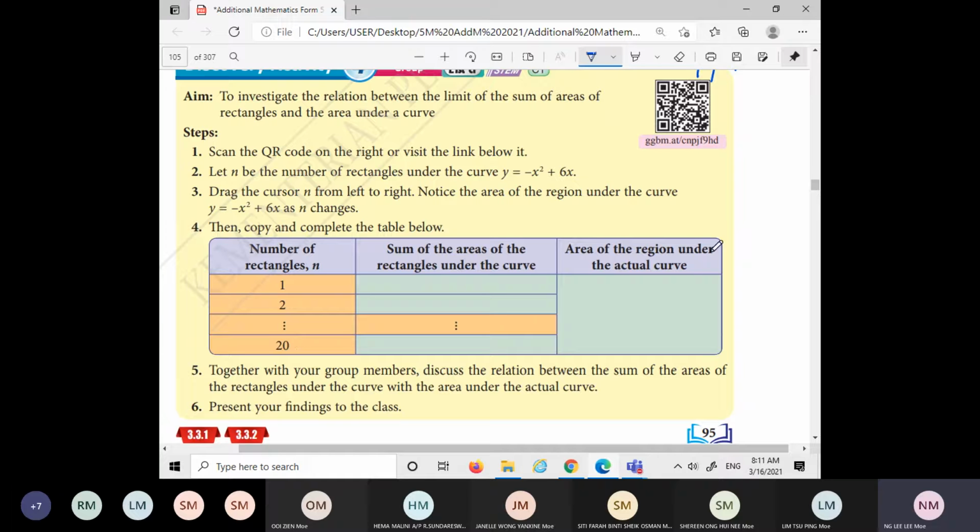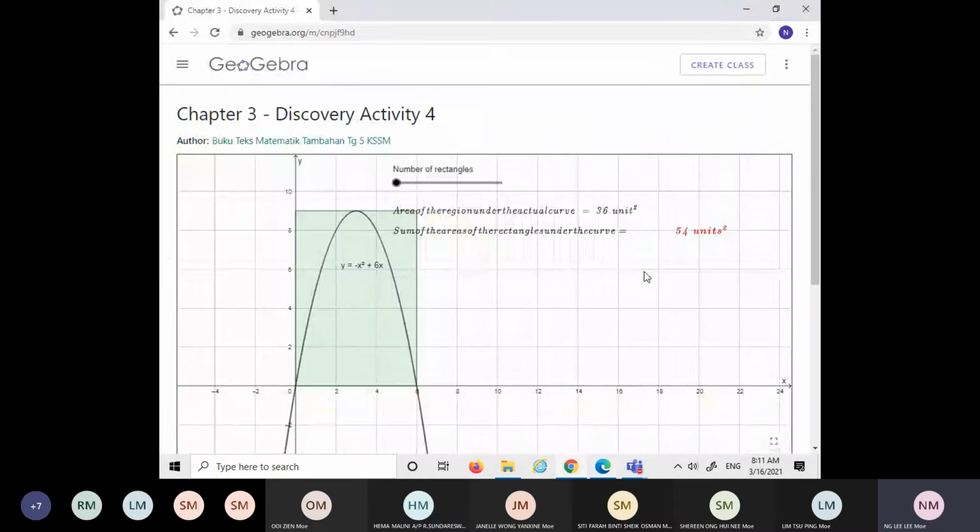The area of the region under the actual curve, you see here, is 36. Then we want to see that from this 54 it will go nearer and nearer to 36.